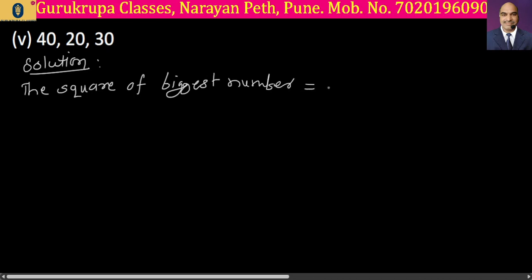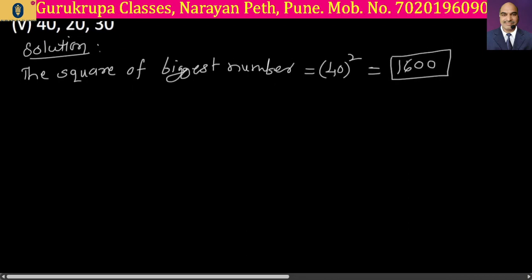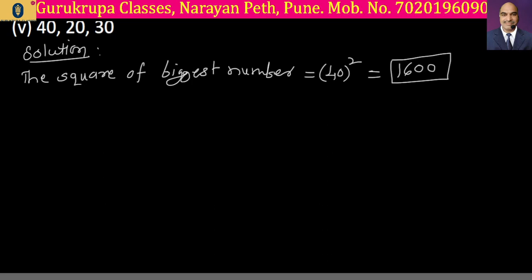Among 40, 20, 30, 40 is the biggest number. So take 40 square: 4 square is 16, and two zeros, so we get 1600.